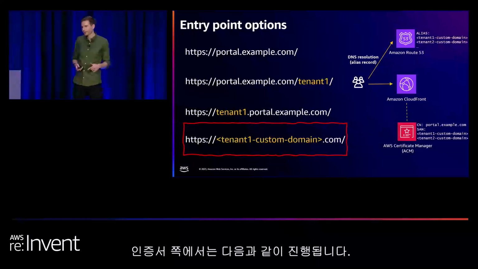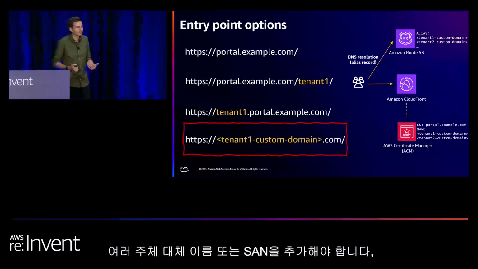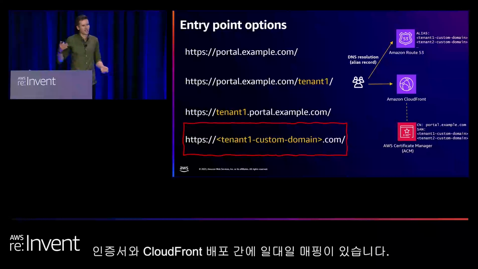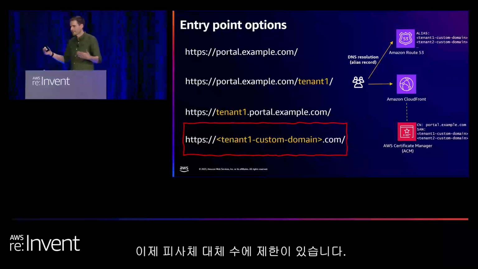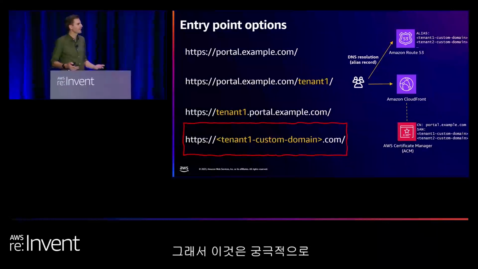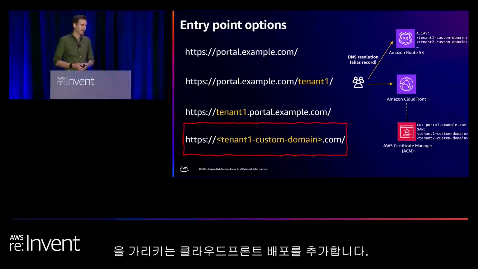On the certificate side, we are going to have to add multiple subject alternate names, or SANs, to the certificate, because there's a one-to-one mapping between ACM and the CloudFront distribution. Now, there's a limit on the number of subject alternate names that you can add to the certificate, so this is ultimately going to lead to us adding more CloudFront distributions pointing to the same backend.